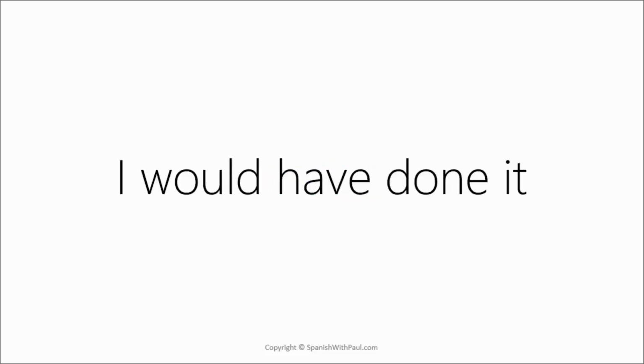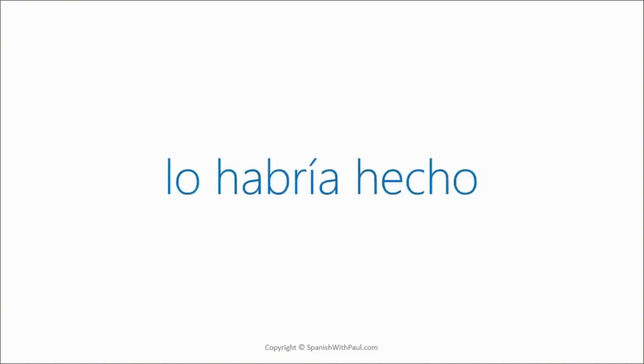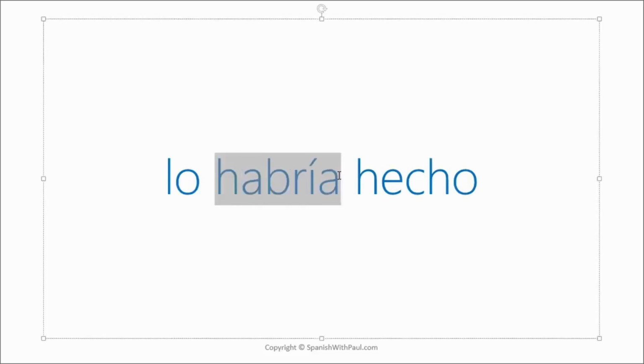Now, how would you say I would have done it? Lo habría hecho. So I would have done is simply habría hecho. And again, the it comes way up front. So lo habría hecho, I would have done it. Or literally it, I would have done.